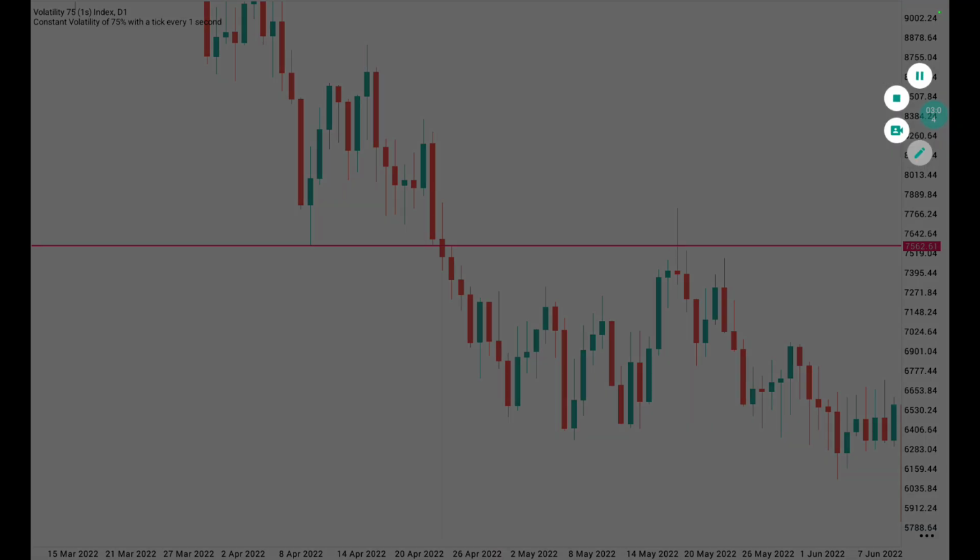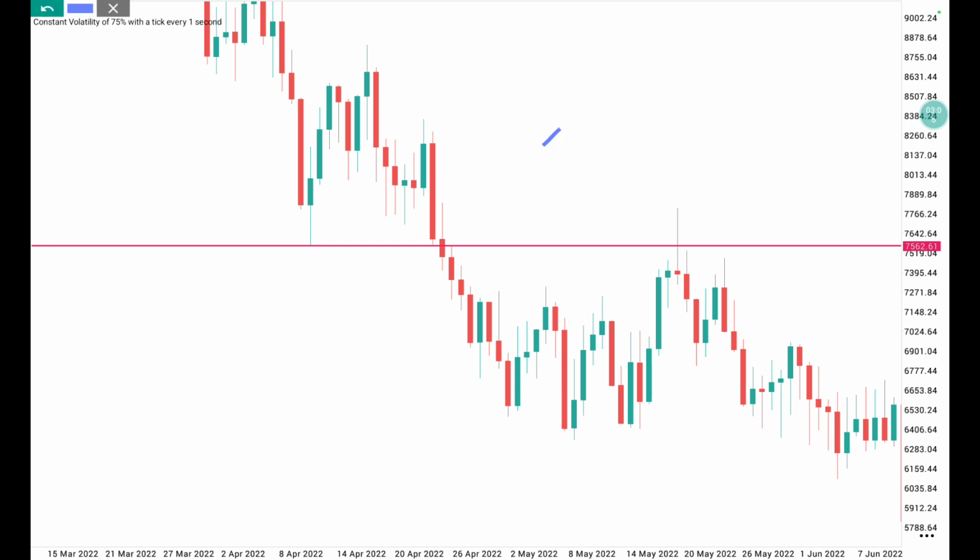So you see a candle body closing below that old low. That is displacement. This is what we call a break of market structure, BOS. Some people call it BMS, break of market structure. Are you following me?